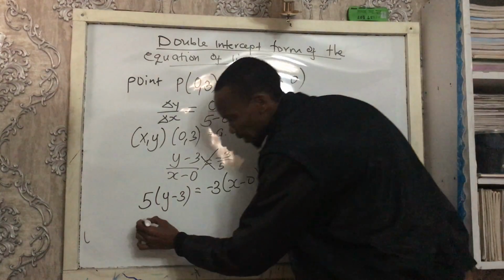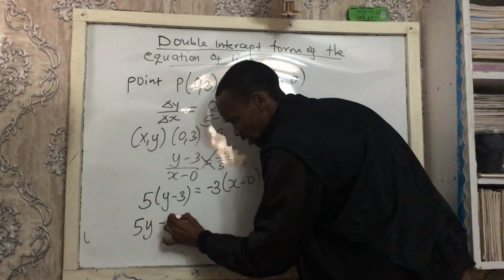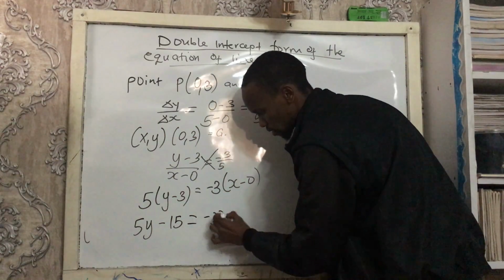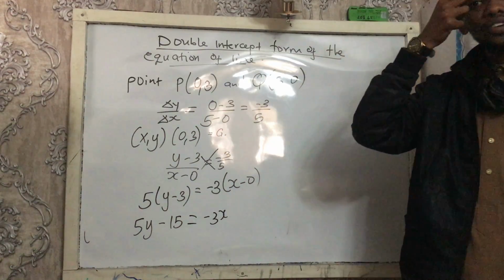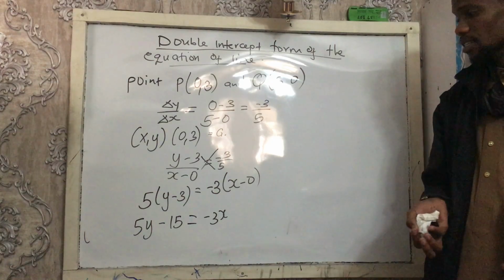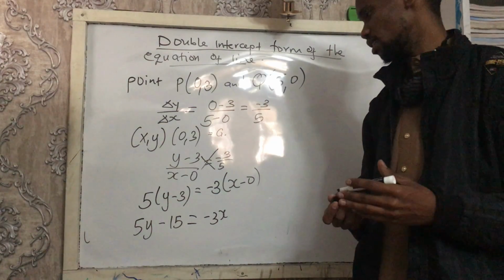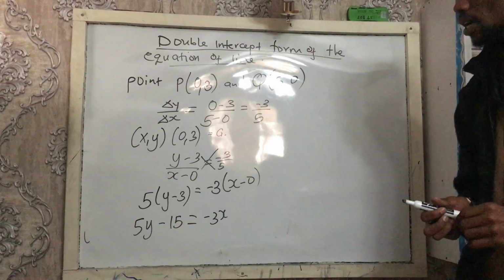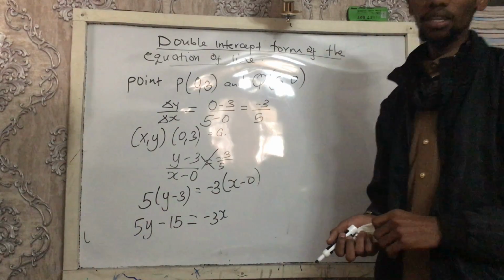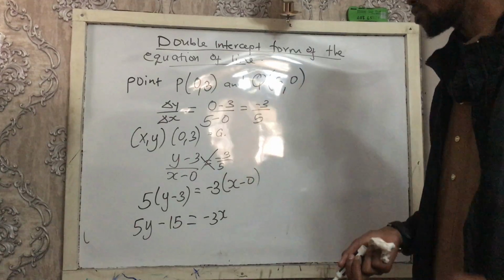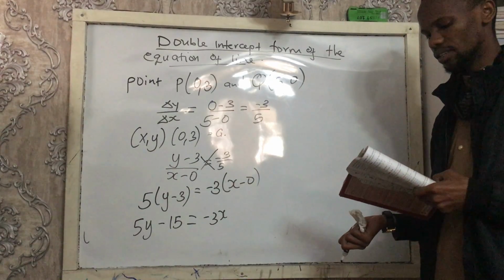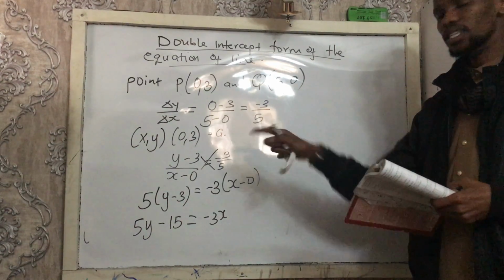So I'll say 5y minus 15 equals minus 3x. There's no need for me to bring the 0, it doesn't have any effect. So my equation is 5y minus 15 is equal to minus 3x. Now I want to take this 3x to the other side.